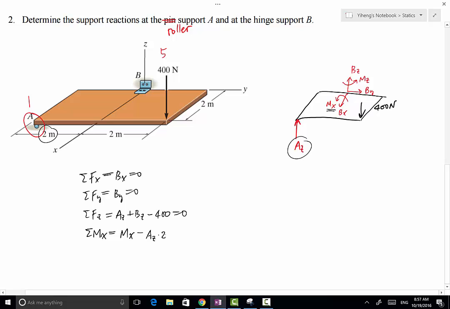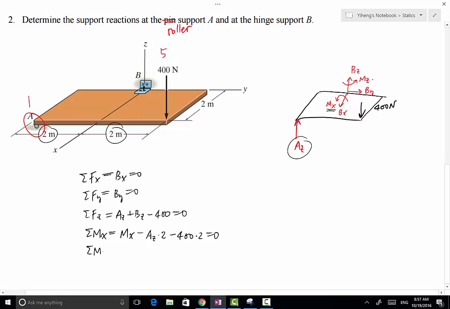And then the 400 Newton force is also causing clockwise rotational effect, so minus 400 with a moment arm of 2 meters, and that equals 0. The other 3 forces, bx, by, and bz, because they all intersect with the origin, do not create moment about any axis. And the last one, mz, it is a moment about the z-axis. So that's all for the mx equation.